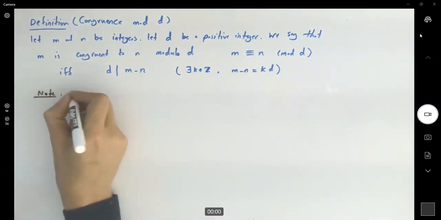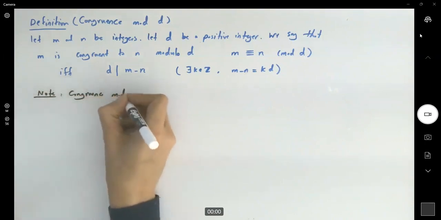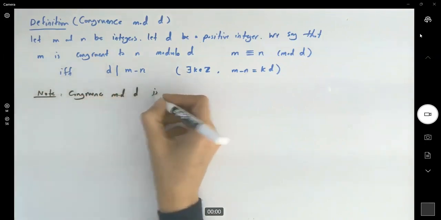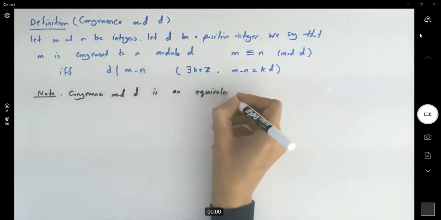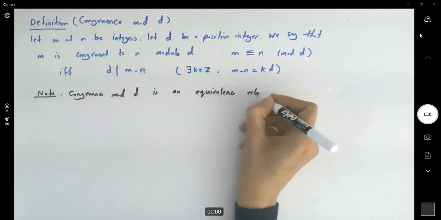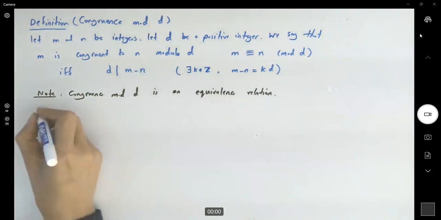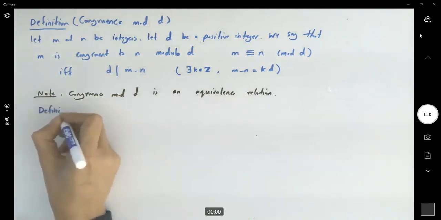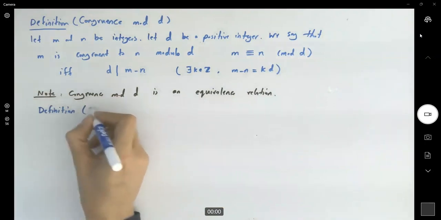Note: congruence mod d is an equivalence relation. Let's write this definition down. Definition of equivalence class.